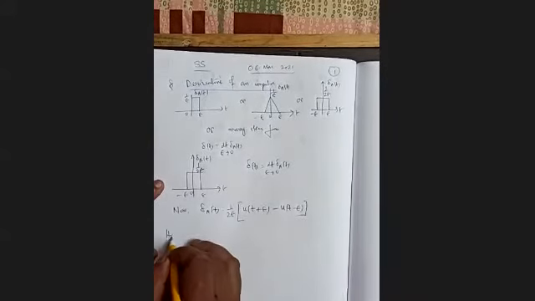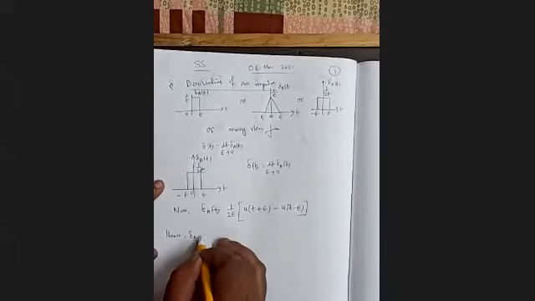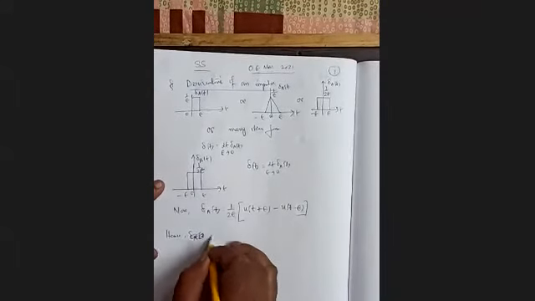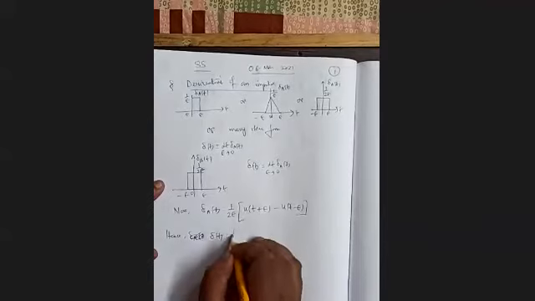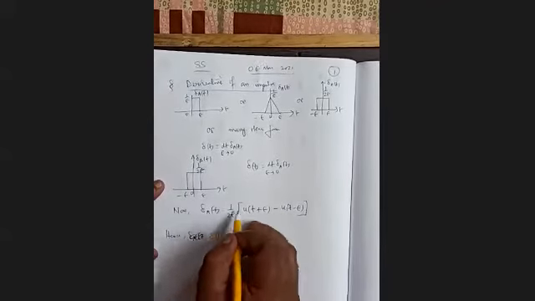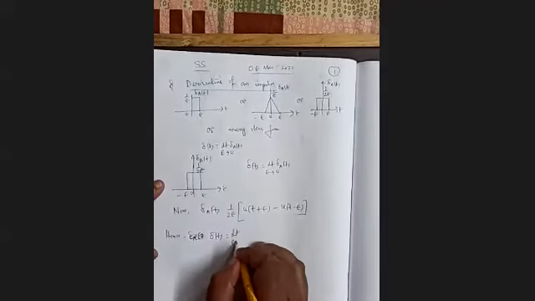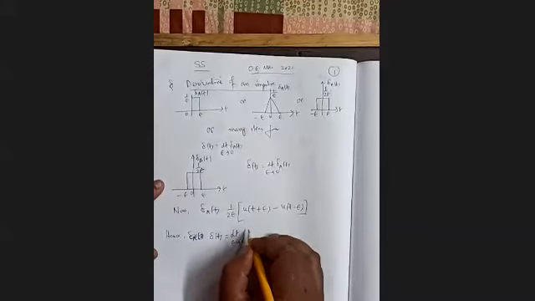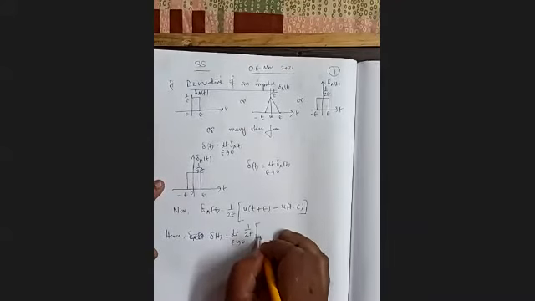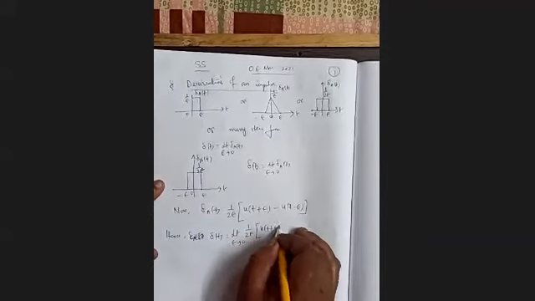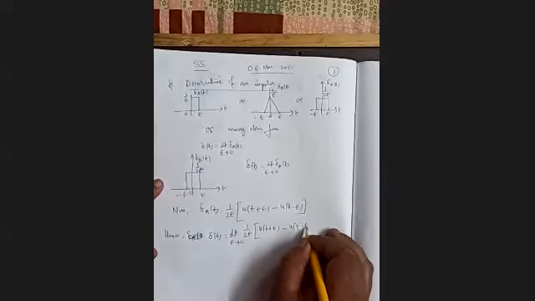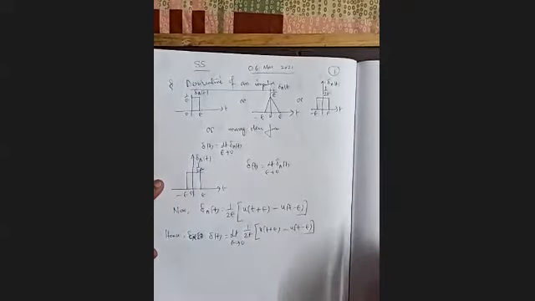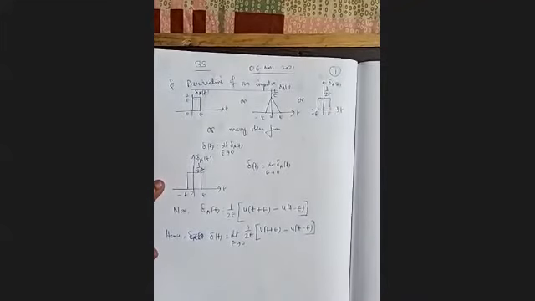Hence, what is our delta T? Delta T is the approximate version when epsilon tends to 0. So we put epsilon tends to 0, it is 1 by 2 epsilon times u t plus epsilon minus u t minus epsilon. Clear?